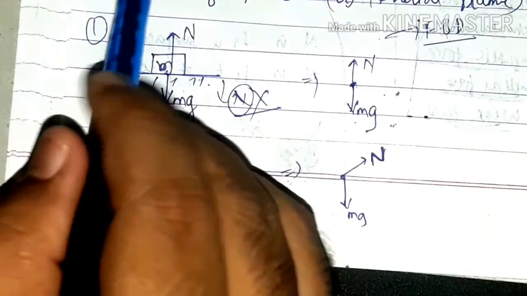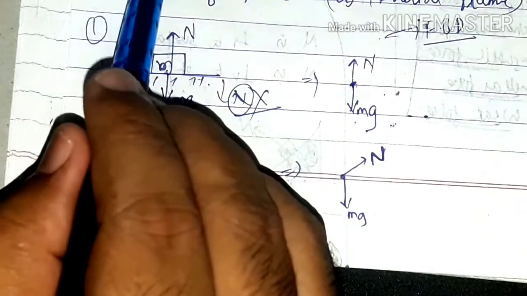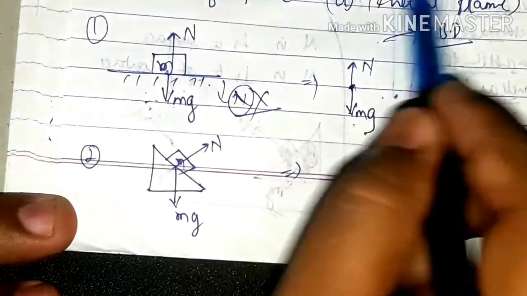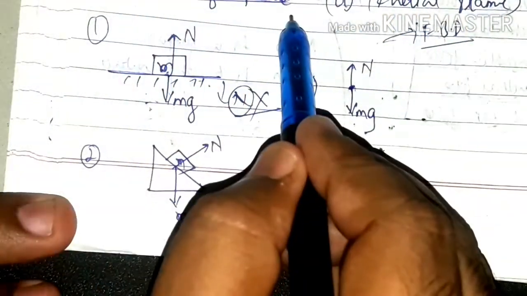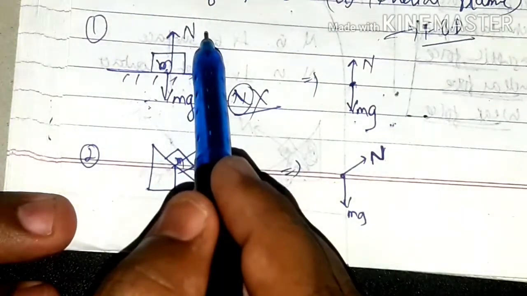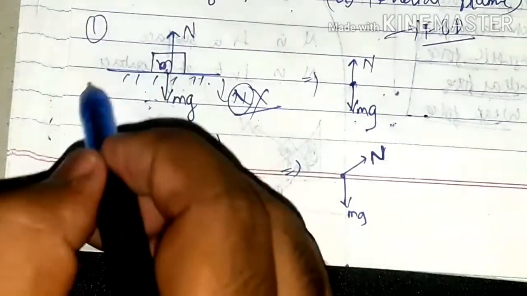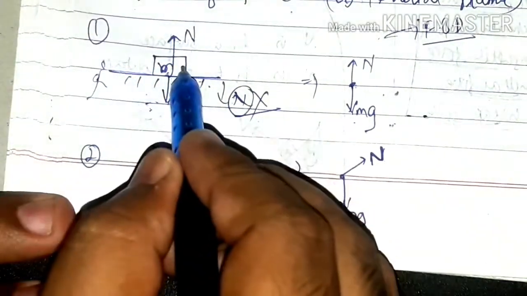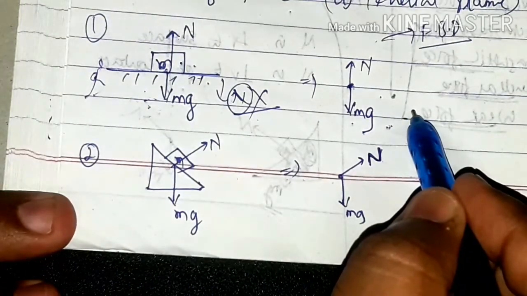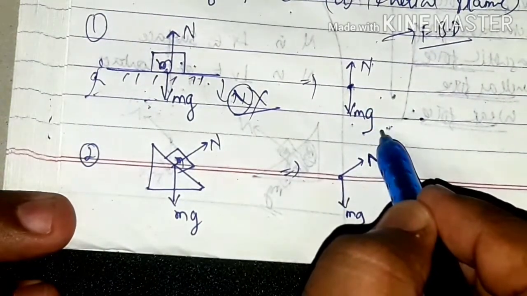Third condition: we have to count the number of forces. The number of forces on a body is counted with the ground frame of reference. That is the most important thing. Now I said mg is downward, and the normal reaction is there. Somewhere here I am standing on the ground and observing it, and that's why I am able to take only two forces.